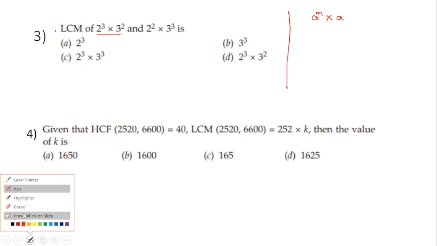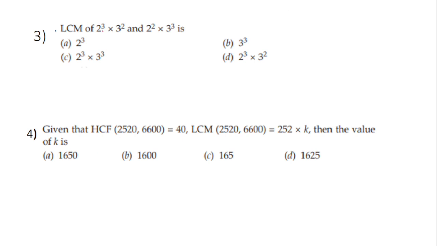The maximum repetition, I think so. Am I right? Whenever we observe the exponents in the two numbers, the LCM can be considered as the maximum power. So here, what are the prime numbers we are having? In this, we are having the prime numbers 2 and 3. Here also 2 and 3. The same numbers will come in this LCM.